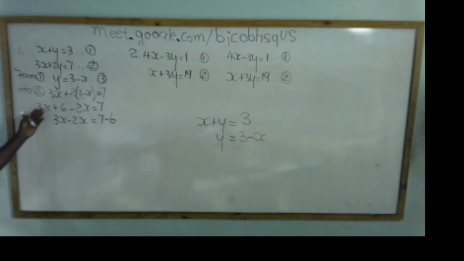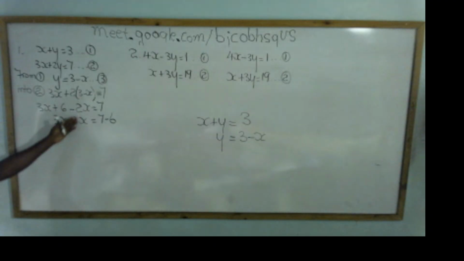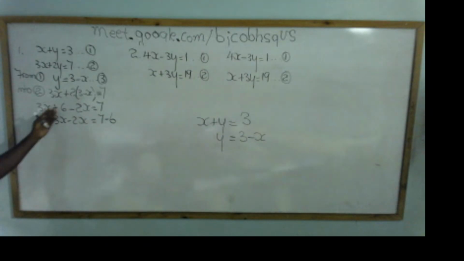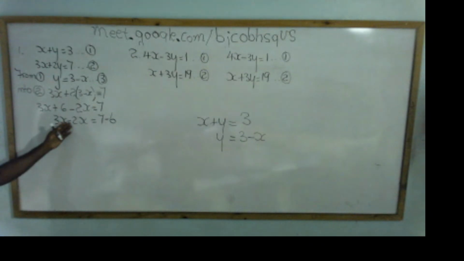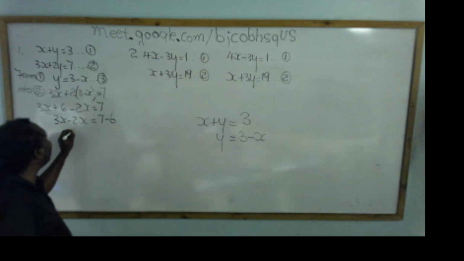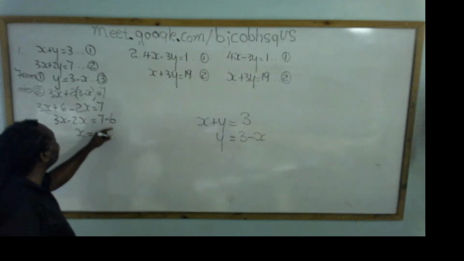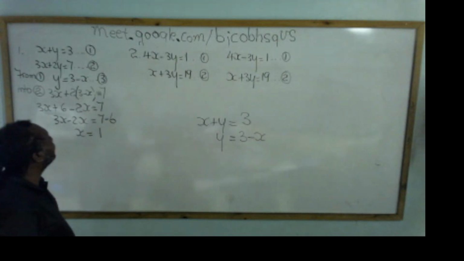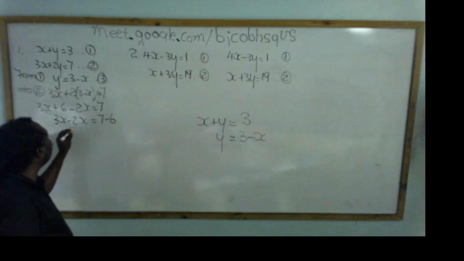Notice that we have the 3x, we account for the negative 2x, we have the 7 right here. This 6 is on the left hand side where it is added. We are going to eliminate it by subtraction. So 3x minus 2x, we have that as x, and 7 minus 6, we have that as 1. So we have x is equal to 1.